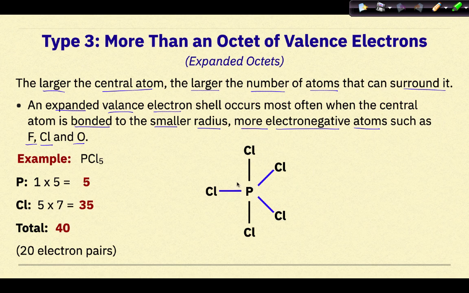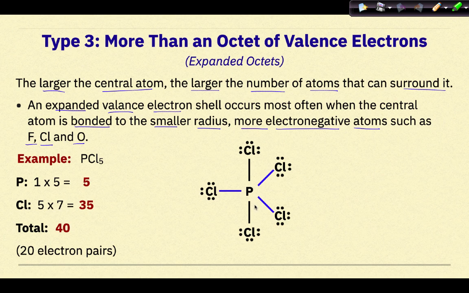So here's our 5 shared pairs. Then we have 6, 7, 8, 9, 10, 11, 12, 13, 14, 15, 16, 17, 18, 19, 20. So we had 20 electron pairs to use. We have used all of these electron pairs, and we have a neutral molecule of PCl5.